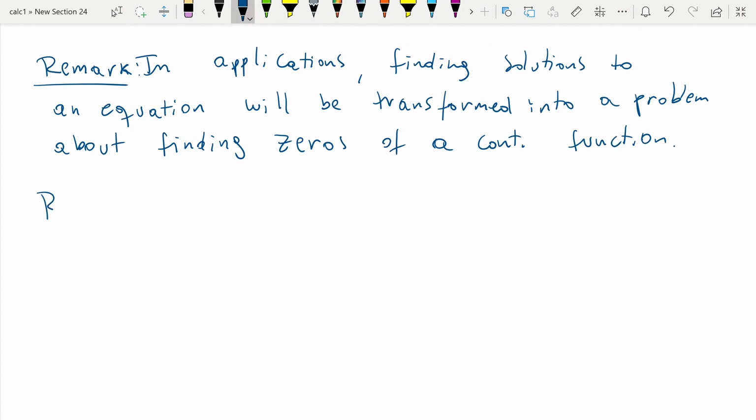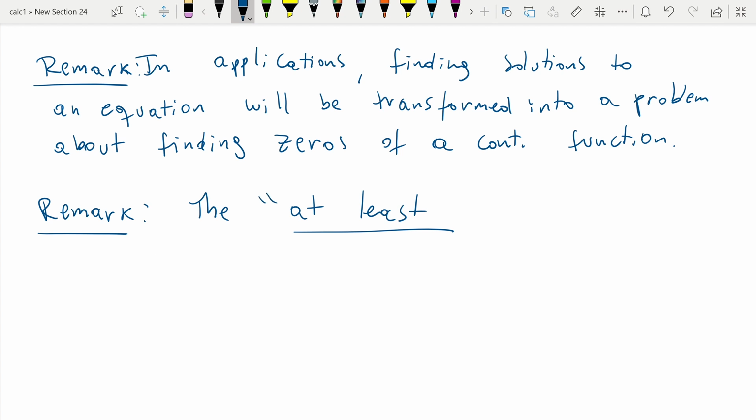The second one is that the "at least" part of the theorem is necessary.